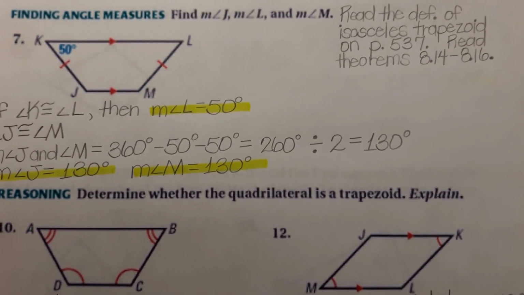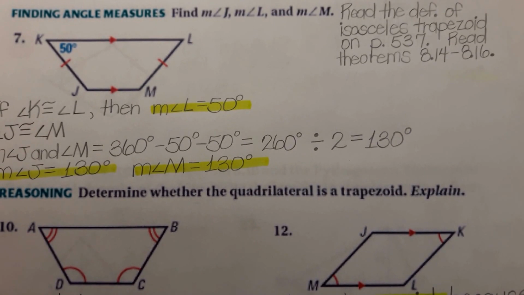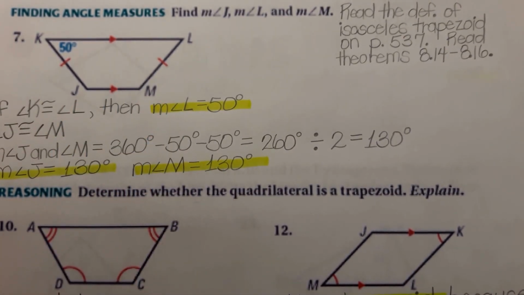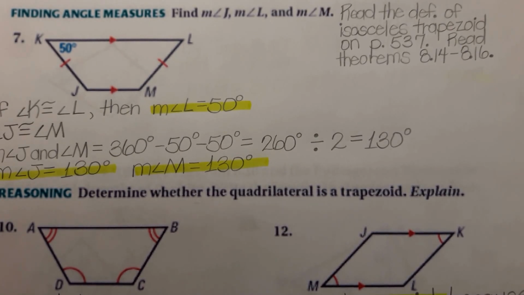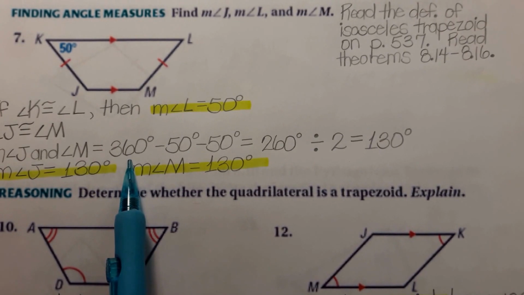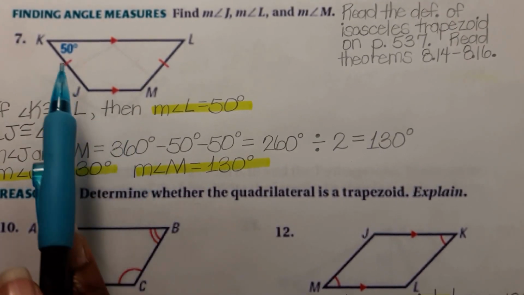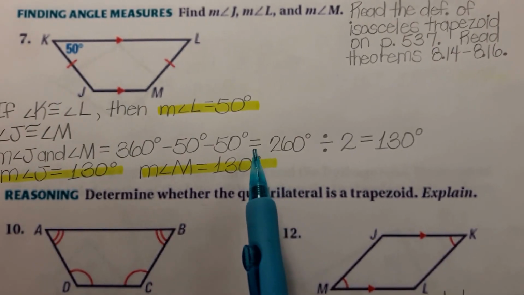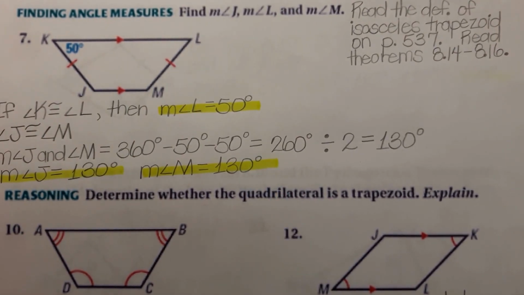So I need to use that prior knowledge to help me figure out the measure of angles J and M. Now one thing I do know is they're both congruent. So I'm going to keep it very basic. Since I know that the total must be 360, I'm going to take 360 minus 50 twice, because these are congruent, and that equals 260 degrees.